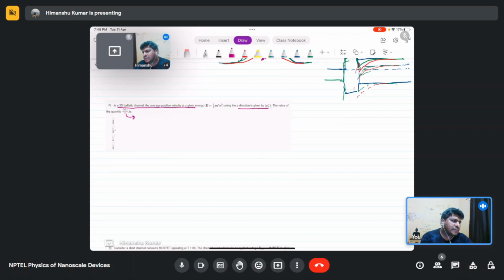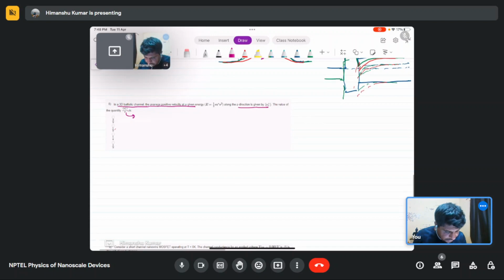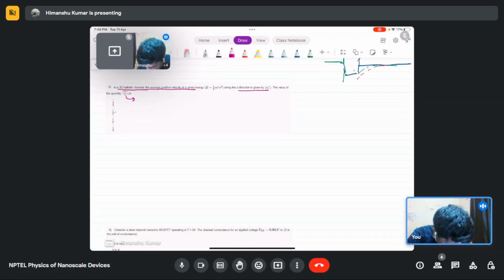So in the 3D ballistic channel, along the distribution of quantities.